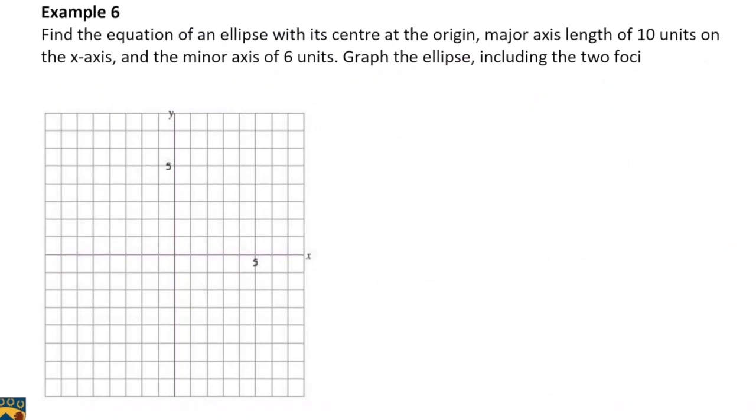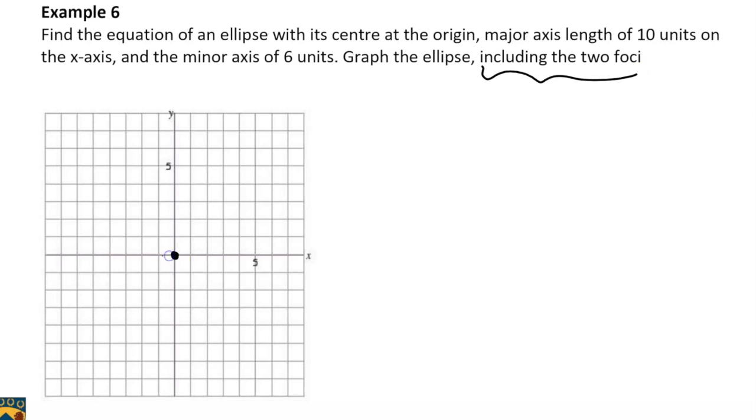Okay, so our next example says, find the equation of an ellipse with a center at the origin, a major axis of length 10 units on the x-axis, and a minor axis of 6 units. Let's start by sketching it out, and then let's see if based off of that we'd be able to find out what the two foci would be. This is actually a pretty straightforward question, but we're introducing this concept again of being able to find the foci.